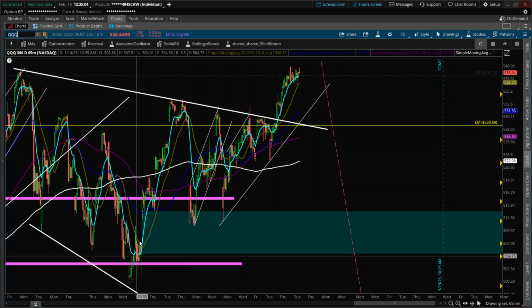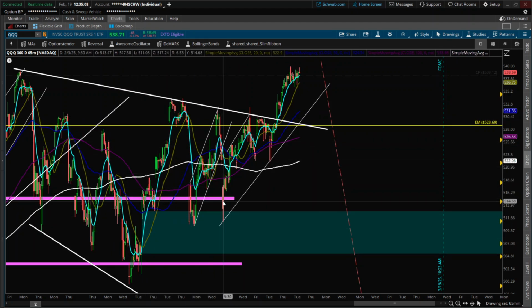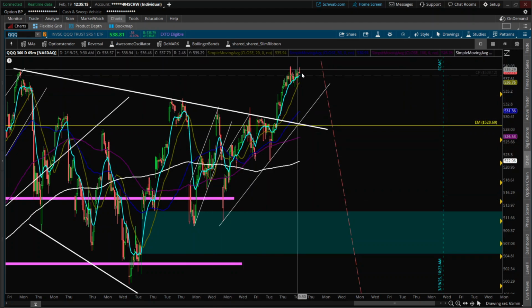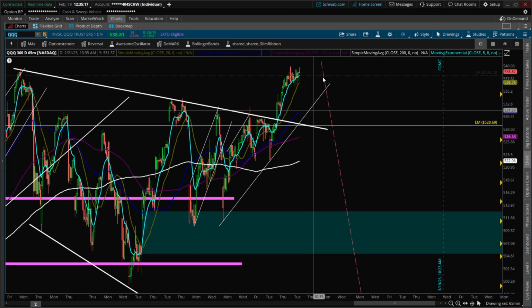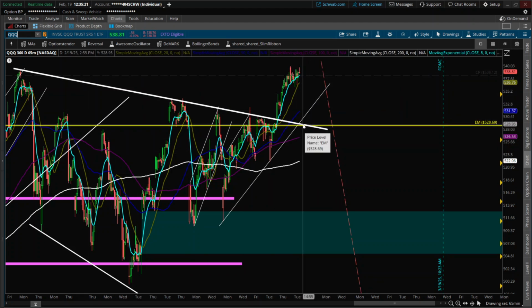Or again, we're starting the structure, and maybe this is a 1, 2, and ABC for 3, and we need to get a wave 4 and 5 in here. We'll see, but if this breaks down, then I think the top is in.